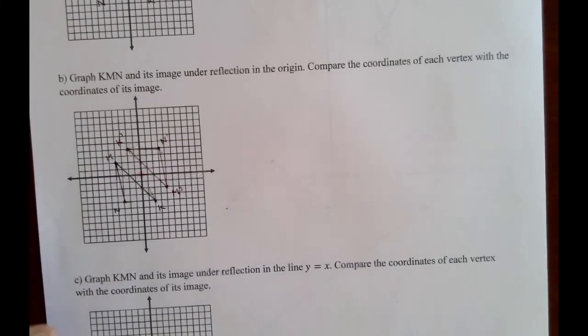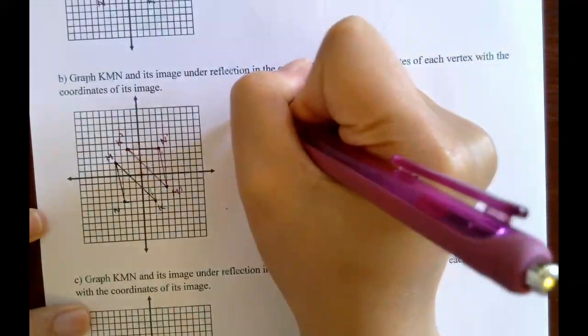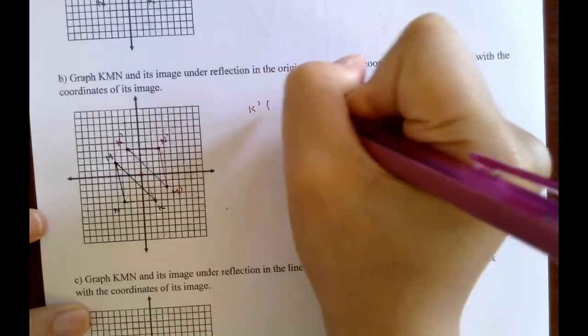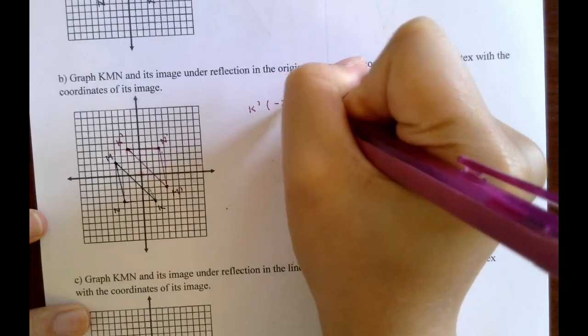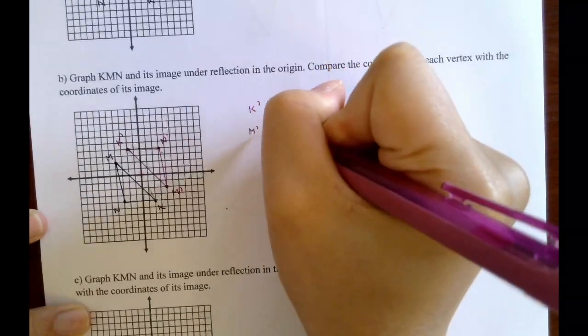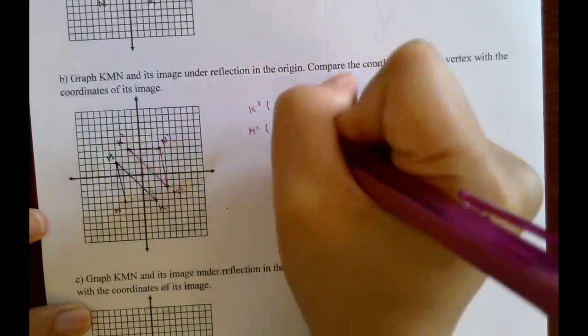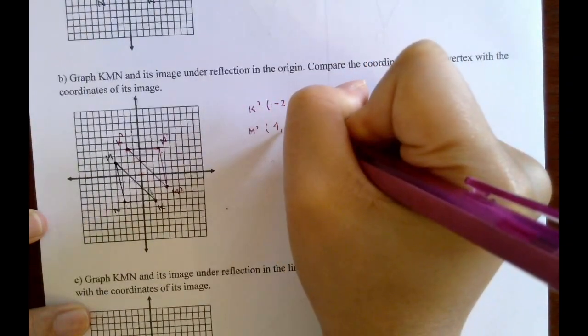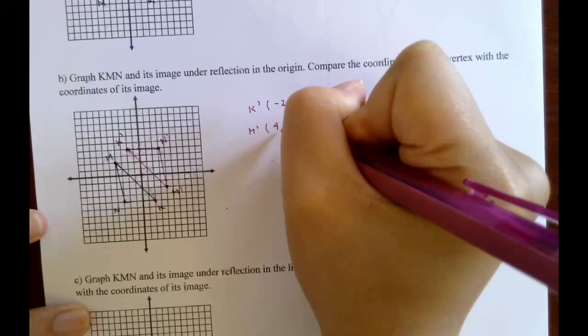Okay? So comparing the coordinates of the vertex with the coordinates of the image. Okay, K prime is now at negative 2, 4. M prime is now at 4, negative 2.